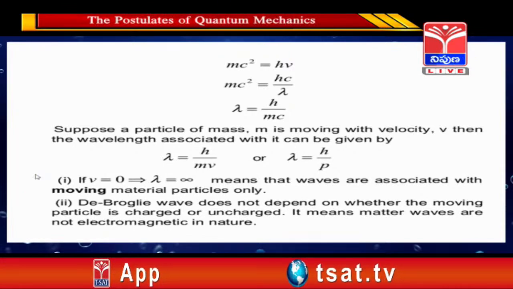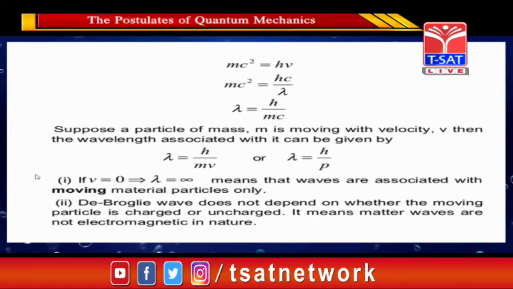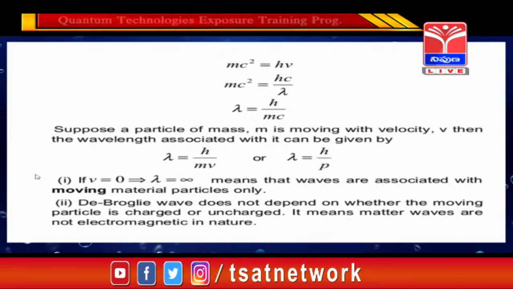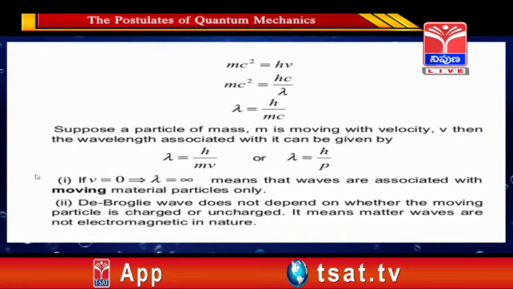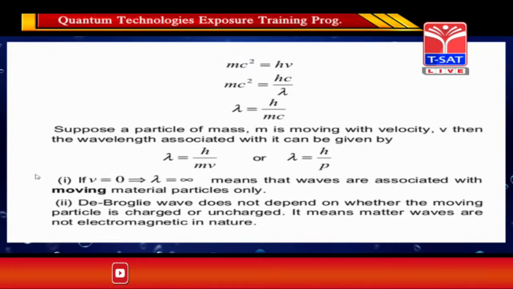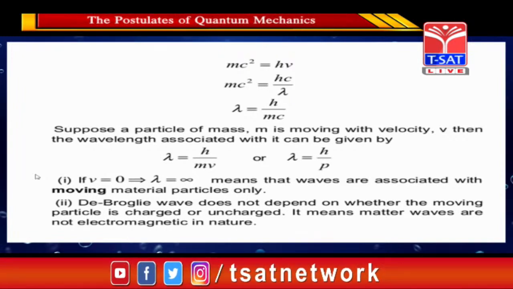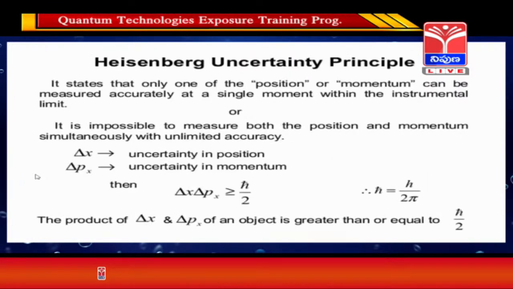Protons and neutrons are bigger than that, but it is also of the order of 10 to the power minus 27 or something. So they are very small. So only for those particles can this lambda, this matter wave, be realized, not for macroscopic bodies like us, or the cars or aeroplanes or all that.